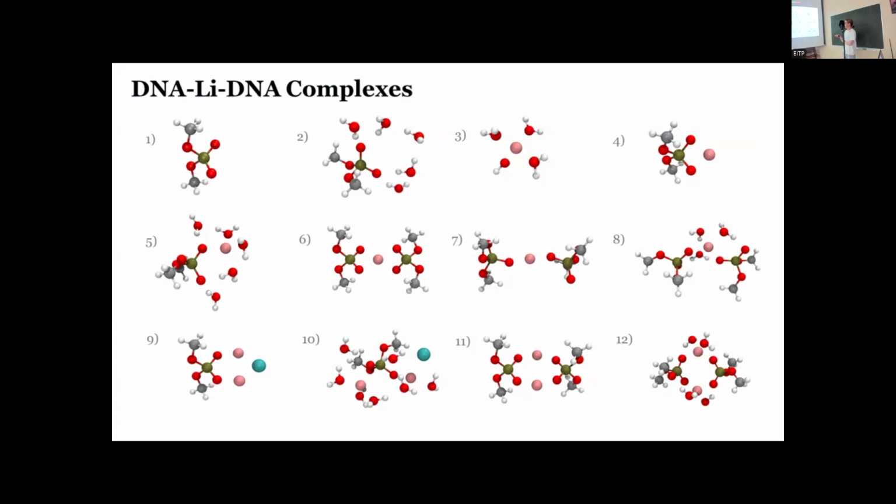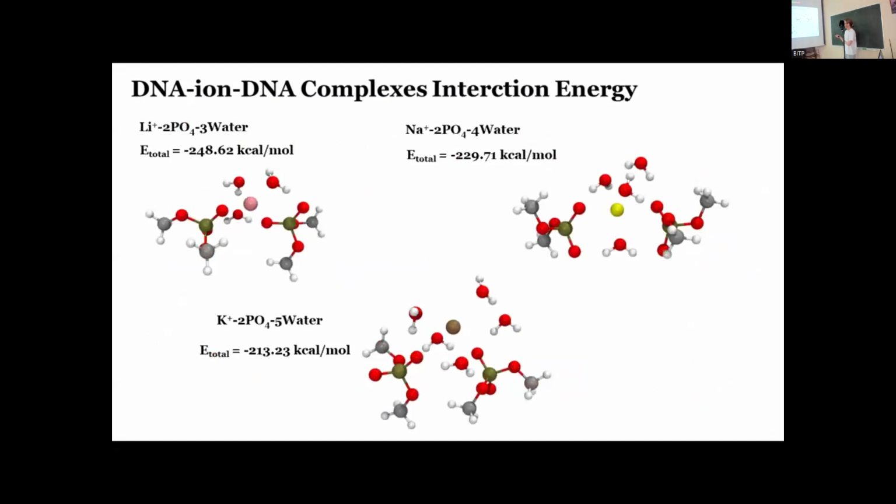We started with an isolated phosphate group, and step by step we added new elements to the complexes. We also compared the different ions in order to see how they can stabilize the phosphate pairs. These structures were extracted from the molecular dynamics simulation and then optimized.